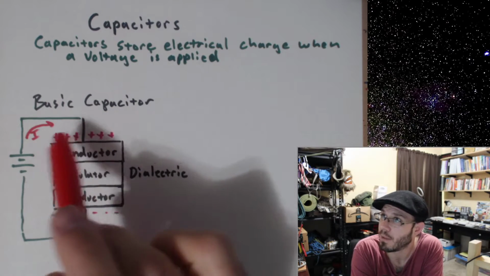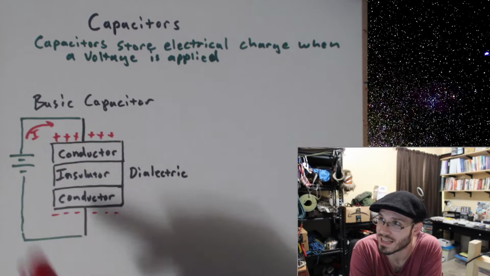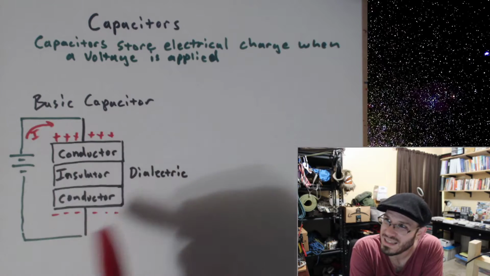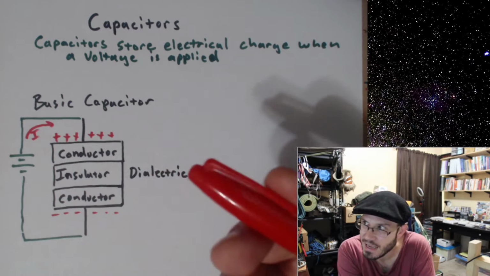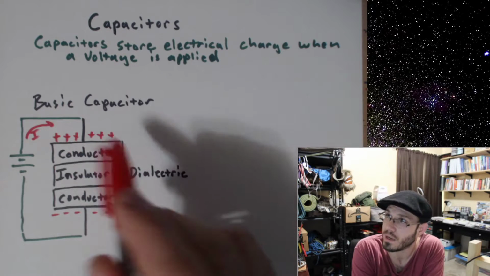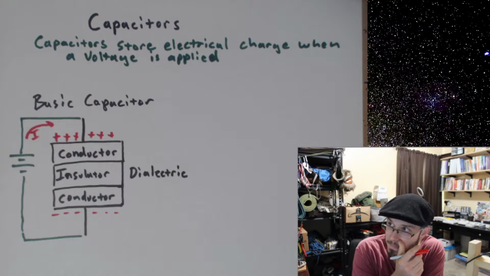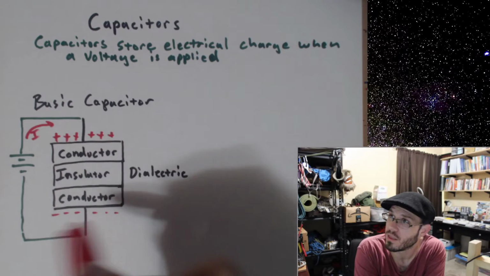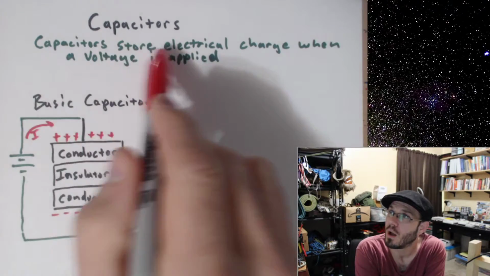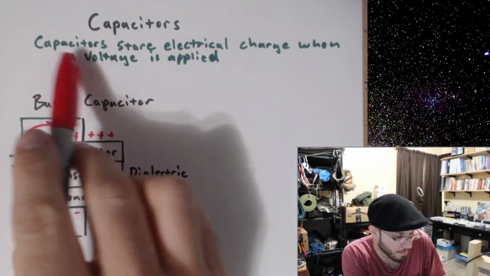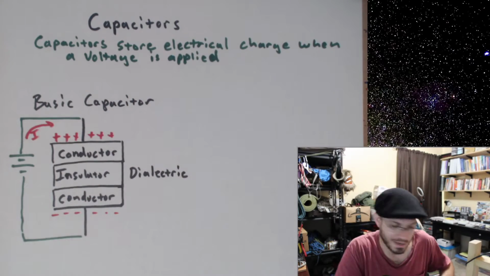And so we end up with positive charge on one side, negative charge on the other side. Now, once this capacitor is charged, essentially it's going to act like a battery. It's going to have energy stored in it. We're going to be able to get energy out of it. We're going to be able to do work with the charge that gets stored on these plates. So from a very basic level, capacitors store electrical charge when a voltage is applied.